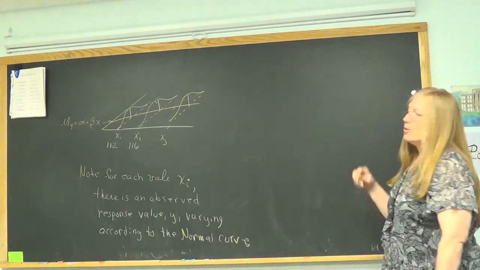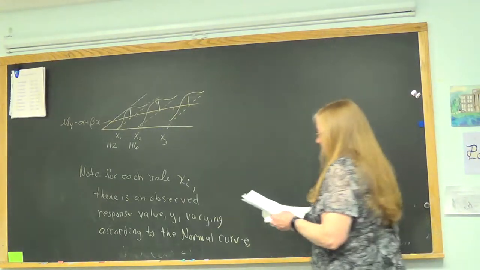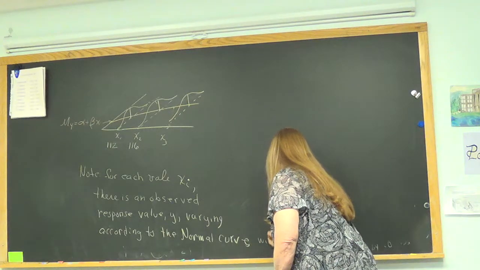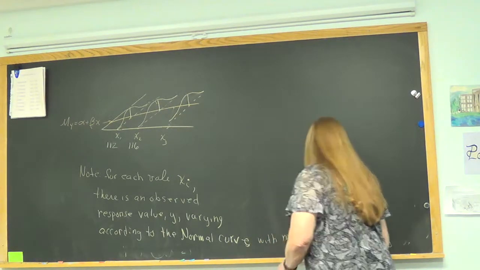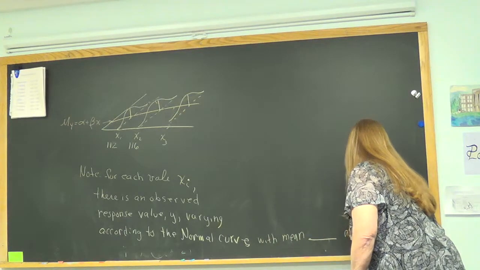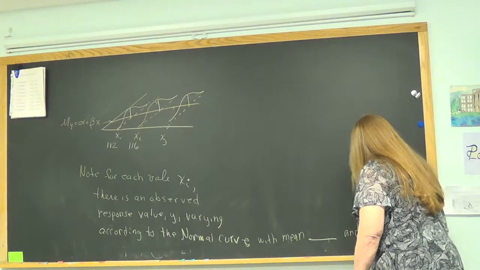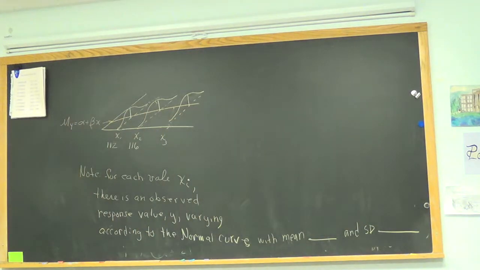So I want to see if I can draw out of you what these two are. According to the normal curve with mean blank and standard deviation blank. All right, if you could write that out so we can talk about it, then we can easily fill it in.